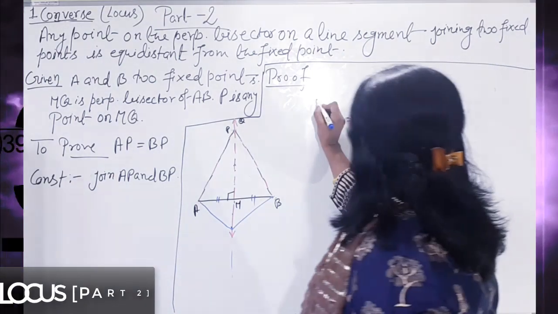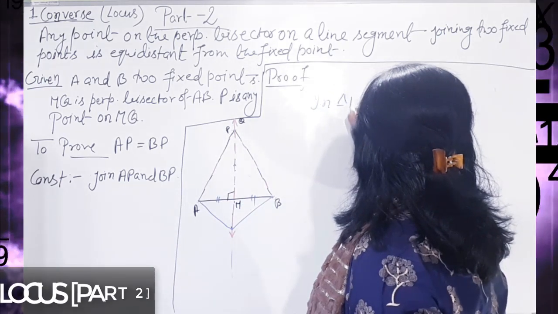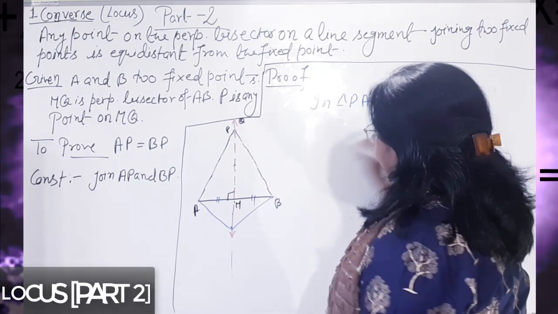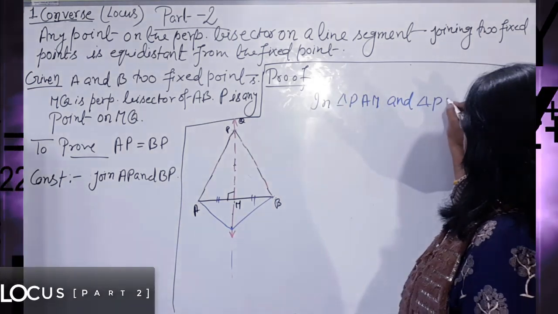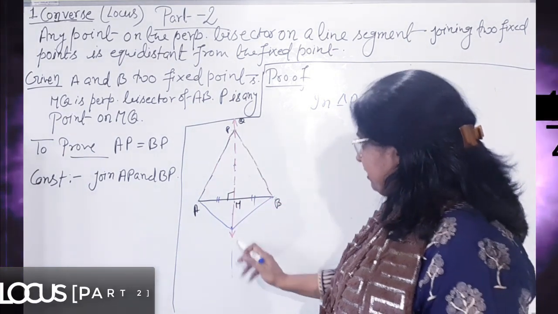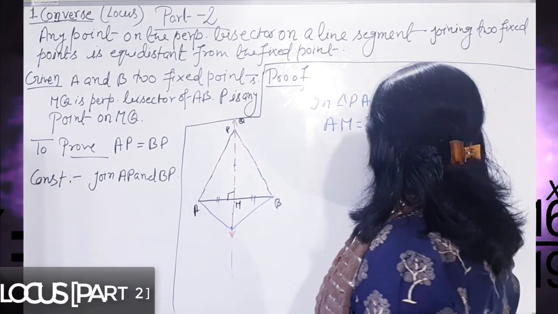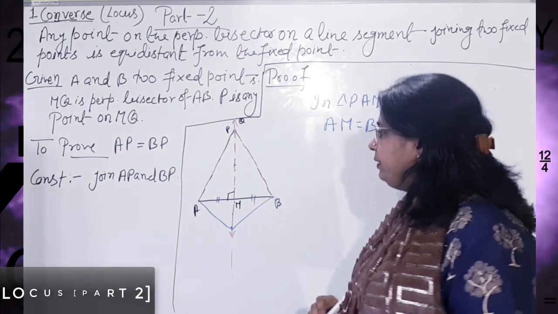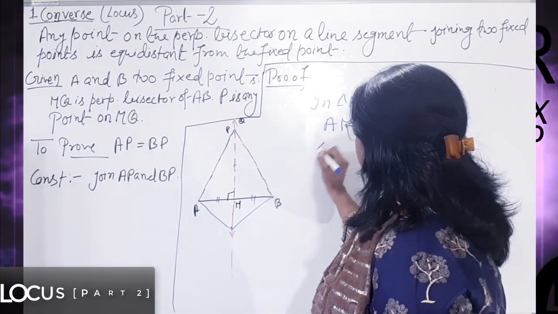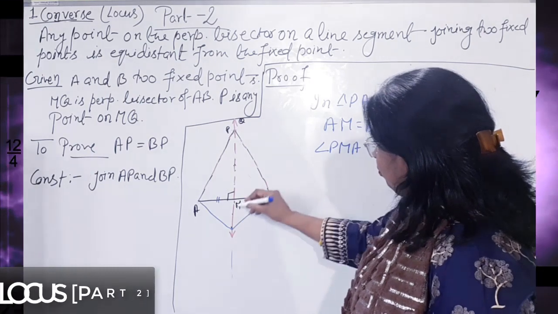Now in triangle PAM and triangle PBM, since MQ is the perpendicular bisector, AM is equal to BM. And perpendicular means 90 degrees is given. Angle PMA is equal to angle PMB.